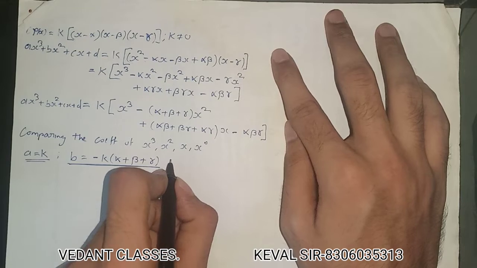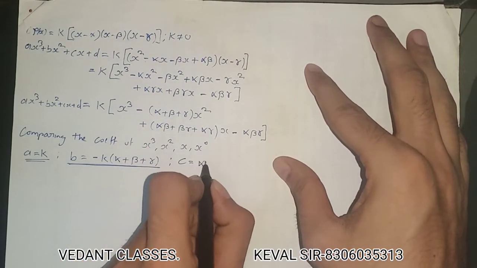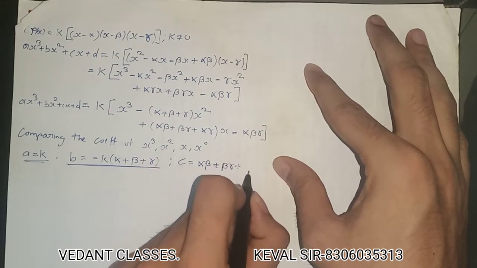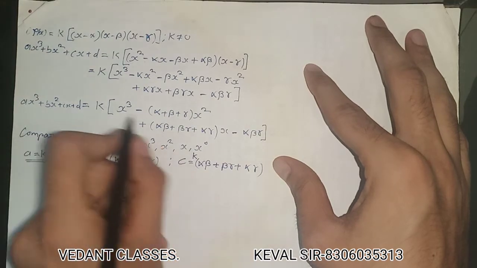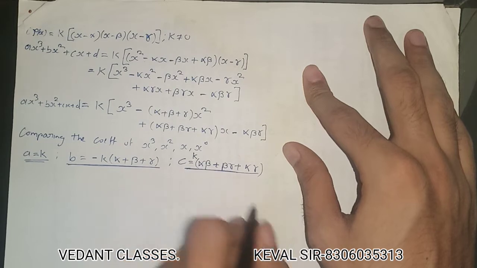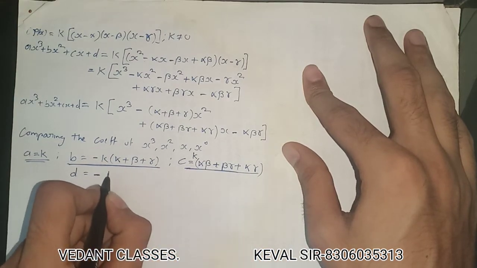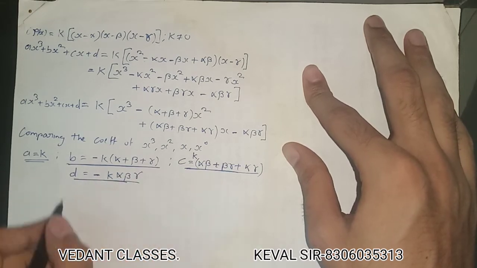Then the value of c will be this entire bracket, alpha beta plus beta gamma plus alpha gamma, and you just need to take k over here because you need to multiply by k. So this is the value of c, and what's the value of d? That will be equal to minus k alpha beta gamma.